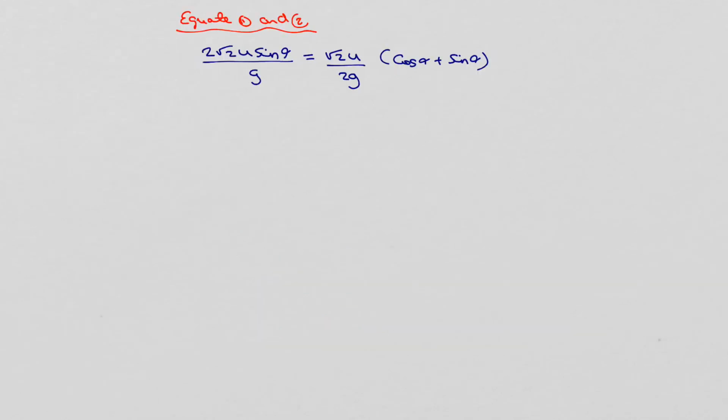Okay, so if I have equated those, I can see, great, root 2 is gone, u is gone, and g is gone. And then if I multiply both sides across there by the 2, that leaves me with 4 sine alpha is equal to sine alpha and cos alpha, which means then that I have 3 sine alpha equals cos alpha.